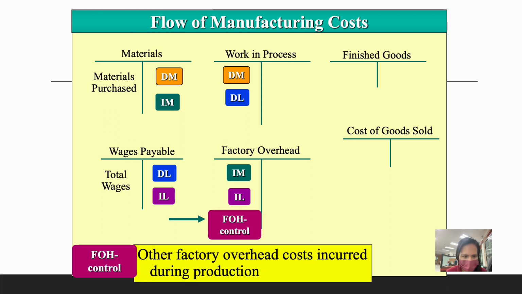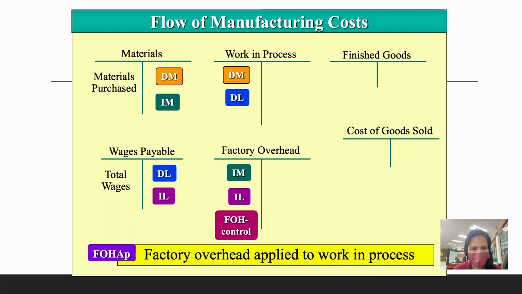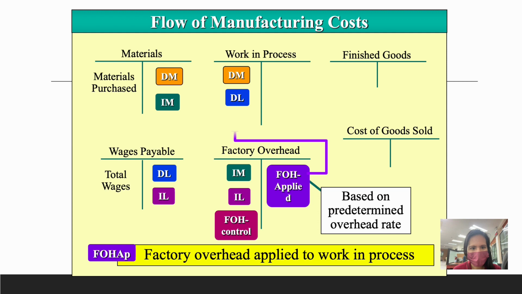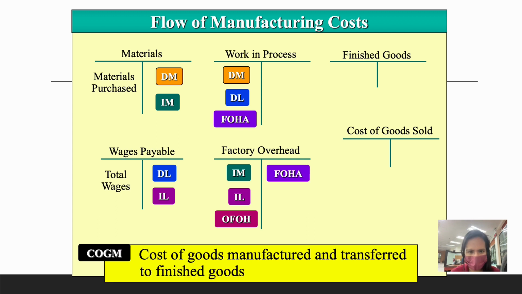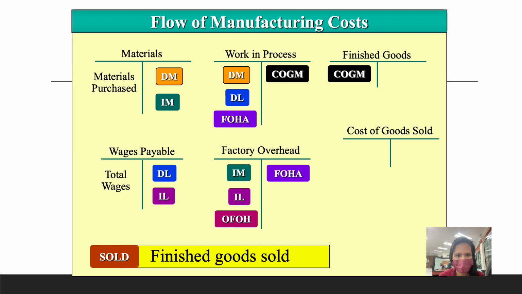Other factory overhead will also be seen in the factory overhead control. Then if it is applied already to the work in process, only the applied overhead is put in the work in process account, based on the predetermined overhead rate. And then if it is manufactured and finished, it will be transferred to finished goods, and if sold, it will be transferred to cost of goods sold.